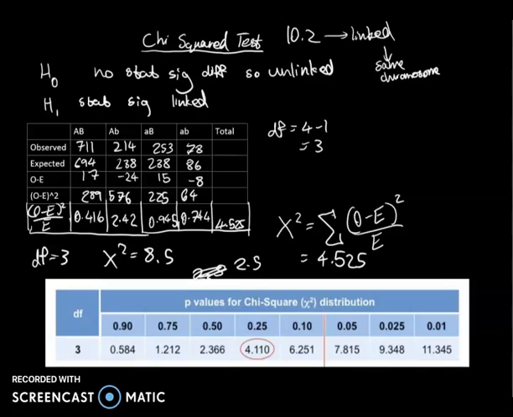However, if we have a chi-squared value that corresponds to a p-value that is higher than 0.05, say 0.25, then we cannot accept the alternate hypothesis. Instead, we must accept the null hypothesis, because we have to admit that there's no statistically significant difference between the observed and the expected values, so our genes are unlinked. More on unlinked and linked genes later.